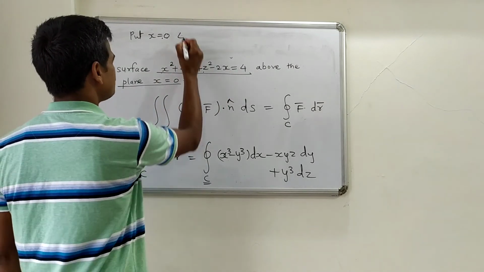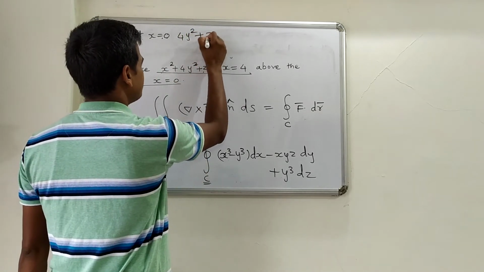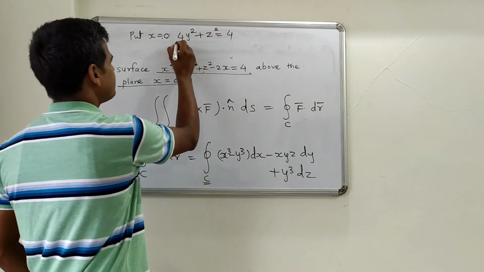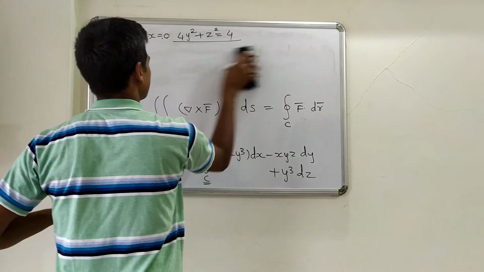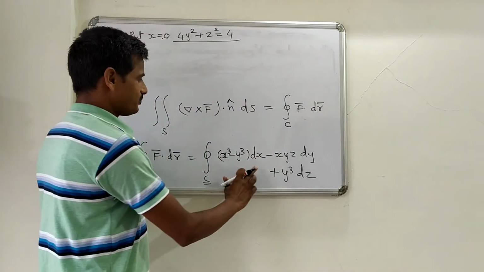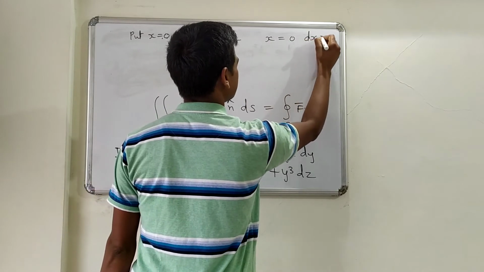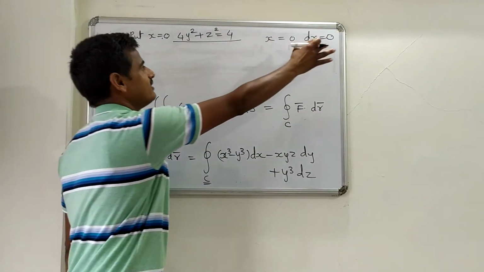You will get the equation 4y square plus z square is equal to 4. It is the equation of an ellipse in yz. Since x is equal to 0, dx has to be 0.